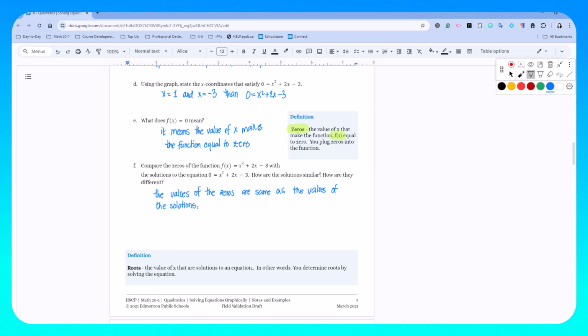And just to make a difference as to how a zero is different from a solution, zeros are values you input into f of x, whereas solutions are values you determine that make the corresponding equation 0 equals x squared plus 2x minus 3 true.